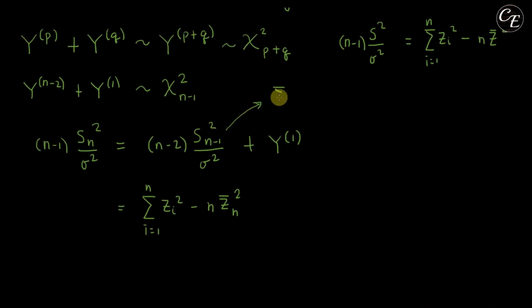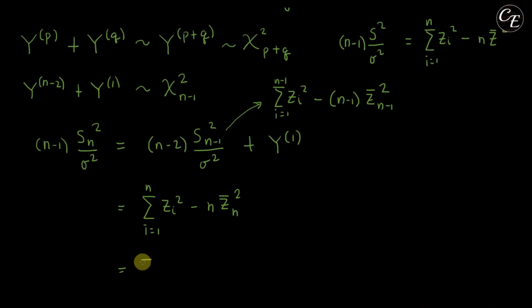This is summation of z sub i squared from i equals 1 until n minus 1, and then minus n minus 1 z bar sub n minus 1 squared. So now we need to express first this one in terms of this one. So we can extract the last term in here.